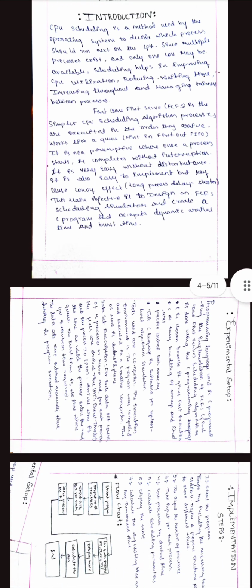Next, I am going to explain the experimental setup. Here I used the C programming language because of its readability and simplicity. I ran this program using a C compiler, and I have created three data sets, each representing different scenarios.